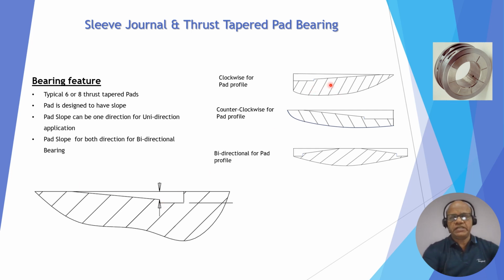If you see from this to this, it is increasing, so the direction will be in the increasing area, that is clockwise. And if it is increasing from this to this, it is called anti-clockwise. If it is bidirectional, it increases up to the center from both sides. So a thrust pad can be clockwise, counterclockwise, or bidirectional.